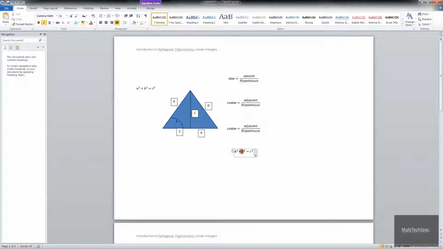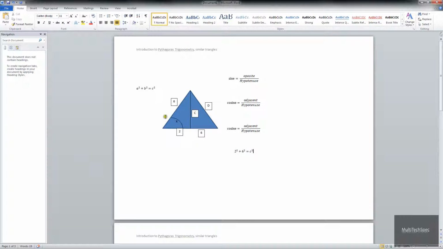Okay, so what do we say a was? a was 2, so 2 squared. b is 6 squared. And c is just c squared.